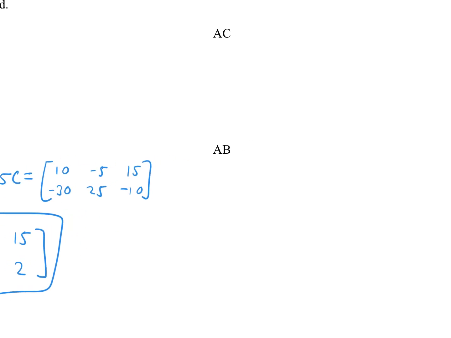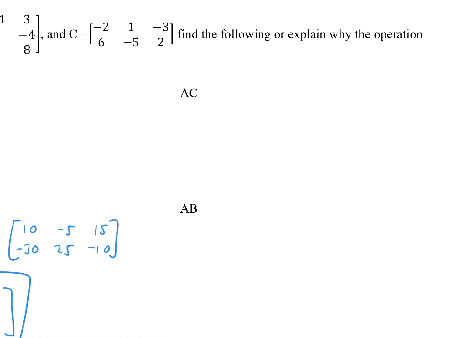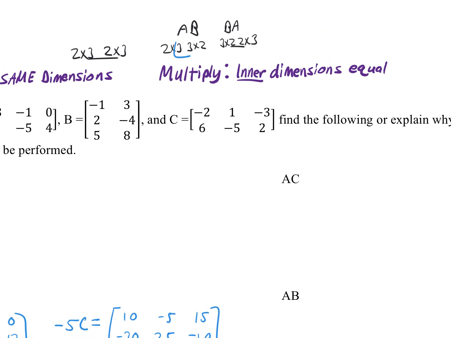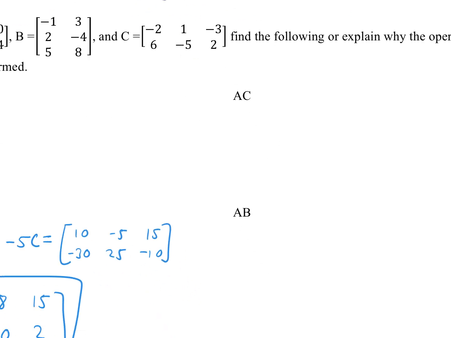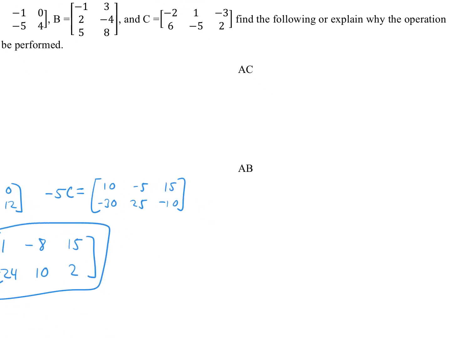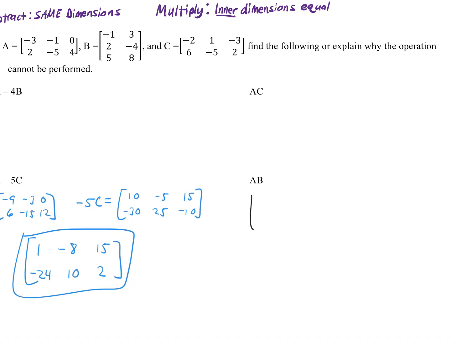Okay, good. Now let's multiply. So let's do A and B, right? We said earlier that we can multiply A and B because they do have the same inner dimensions. So what I would do is I would write them out, just so that it's easier to follow along.